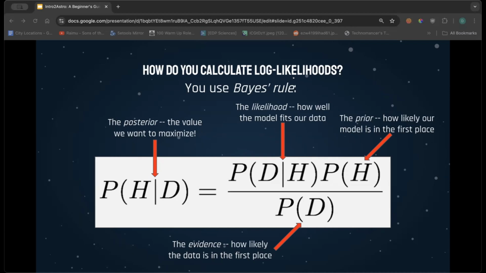We want to kind of ignore that, right? We want to be able to get rid of a slightly better fitting model in favor of one that makes a little bit more sense, essentially. And so that's what the prior is. The prior tells us our initial likelihood that our model is correct.